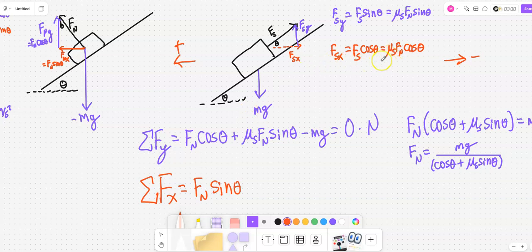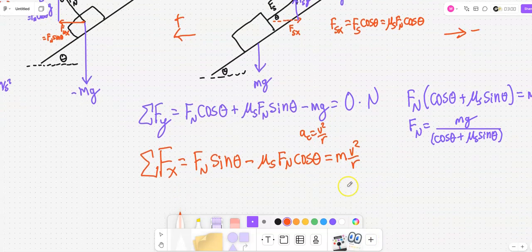We're going to subtract now because this is going to be pulling to the right in the opposite direction. Mu s times the normal force times the cosine of theta. Nothing else is there. Should equal m v squared over r. Remember, the centripetal acceleration is v squared over r.